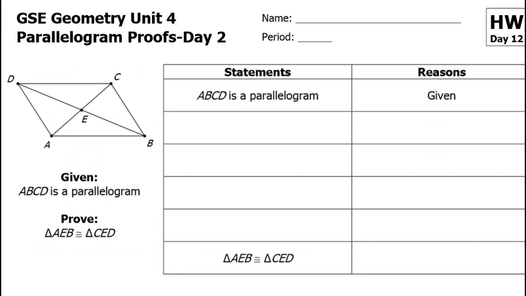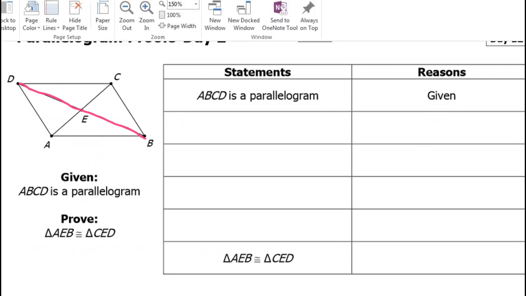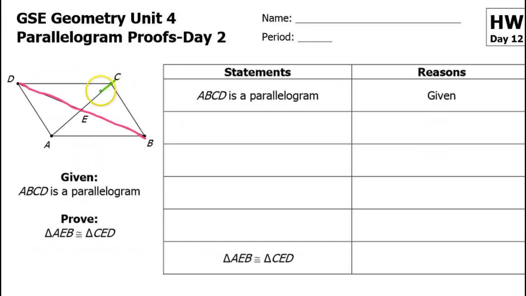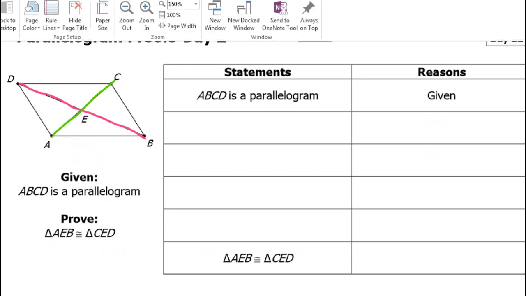Okay, I feel like I should redraw this. So here's one diagonal. So I could say that DB, okay, and here's the other diagonal, DB and AC bisect each other.